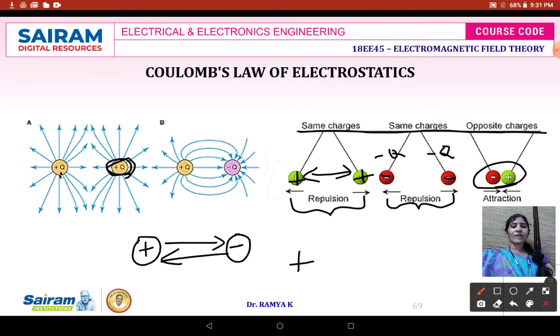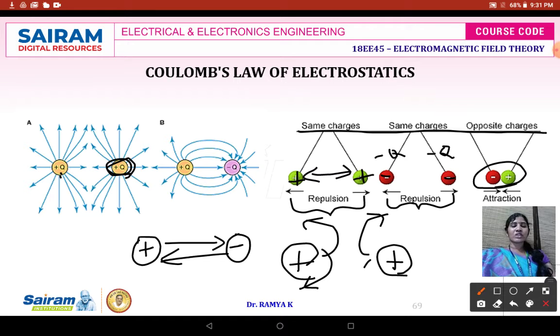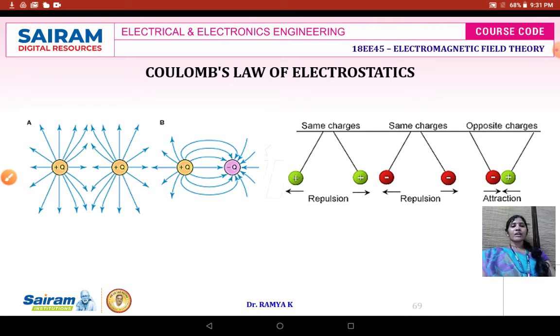Suppose you have like poles, the force experienced by this charge will repel the force experienced by the other charge, so it experiences a repulsive force. So Coulomb's first law deals with like charges repelling each other and unlike charges attracting each other. Like charges produce a repulsive force, whereas unlike charges produce an attractive force.